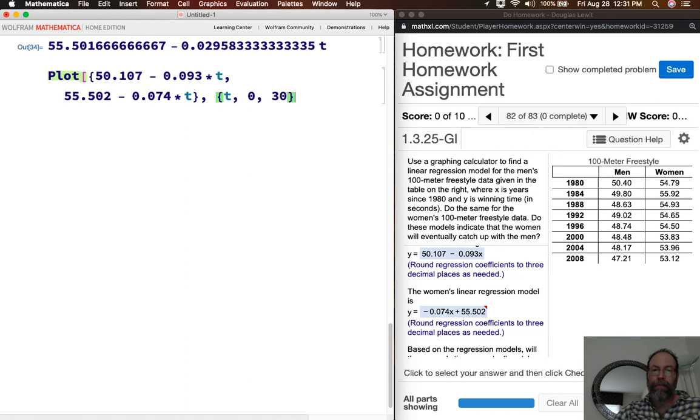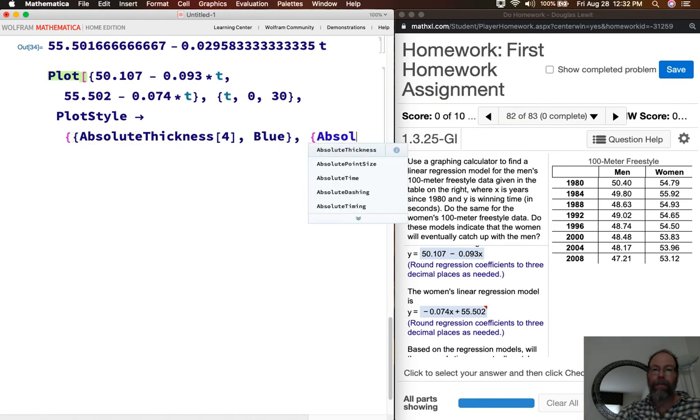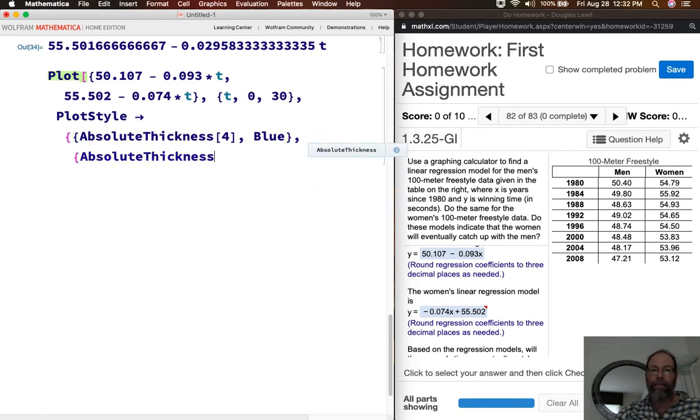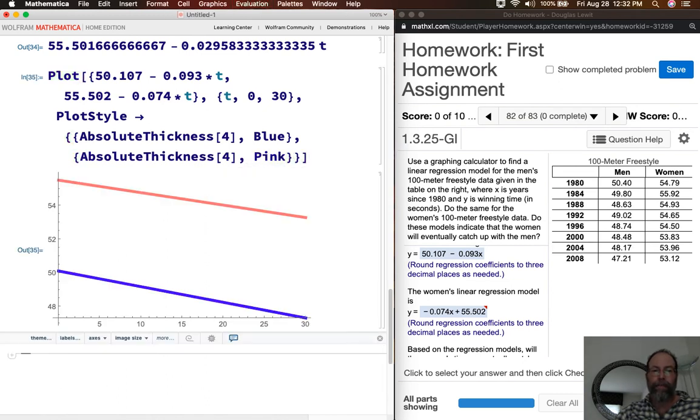Let's say 30. Plot style. So the men's line, absolute thickness, let's make these lines thick. How about the men can be blue and the women's line can be pink. And let's see what we get.